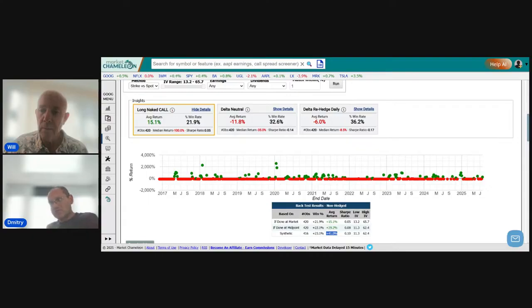But at the same time, with those big upswings, you would have given up some of those wins by hedging. Your hedge of selling short stock would offset some of those gains in the call because you would lose it on the stock.